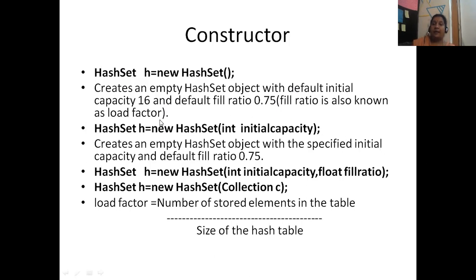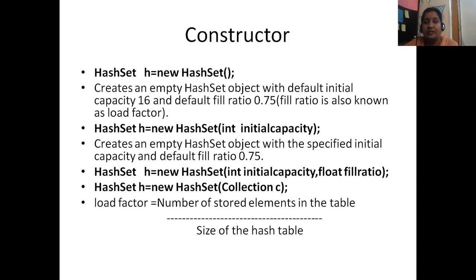That means in ArrayList, if your default capacity is 10, till the 10th value you can store. If you reach the 10th value and you cross it and give the 11th value, then only the array will be extended. But in a hash table, we can't reach that much till the last.